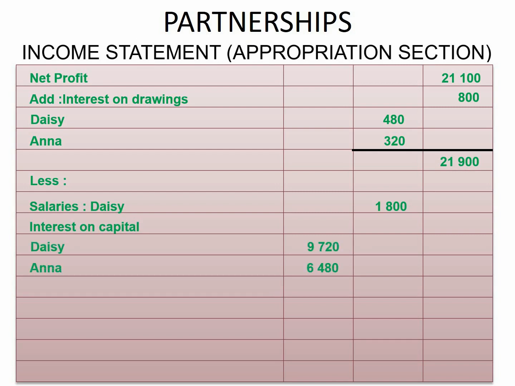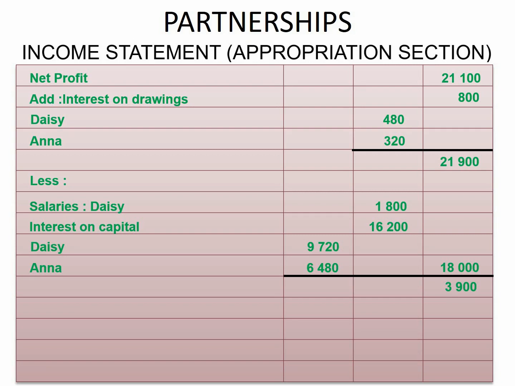We worked out both Daisy and Anna's interest on capital. We'll add that up, we'll get 16,200. And if we add the interest on capital plus our salaries, we will get 18,000. And then if we deduct the 18,000 from the 21,900, we will get 3,900. Now this is the amount that's available for profit sharing.